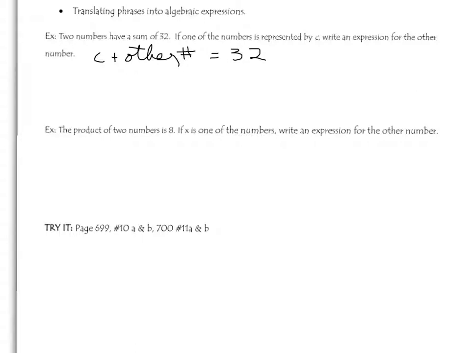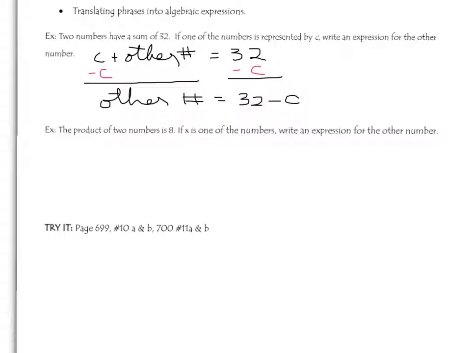You're supposed to write an expression for the other number. So let's get the other number by itself by subtracting C from both sides, and we get the other number equals 32 minus C.